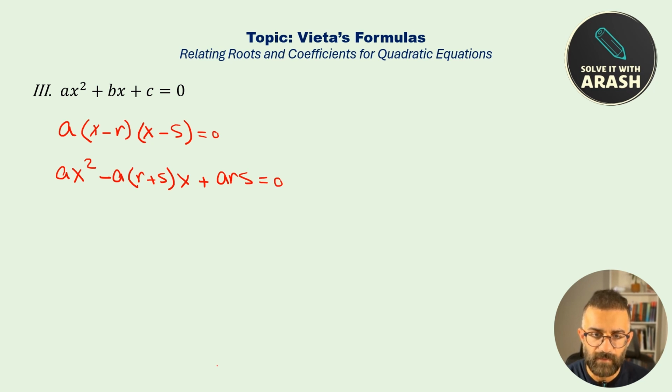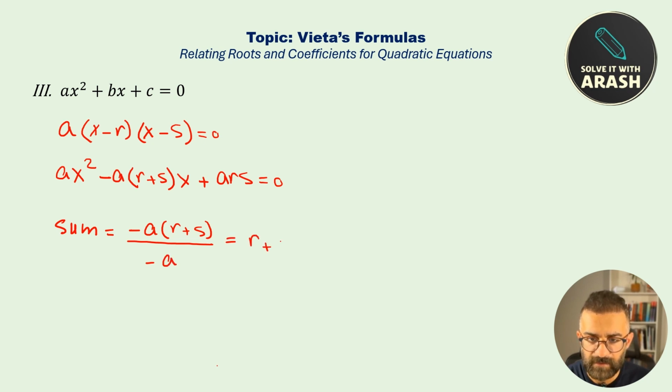To calculate the sum of the roots, I can divide the linear coefficient in the expanded form by -a. The result is r plus s. To calculate the product of the roots, I can divide the constant term ars by a.